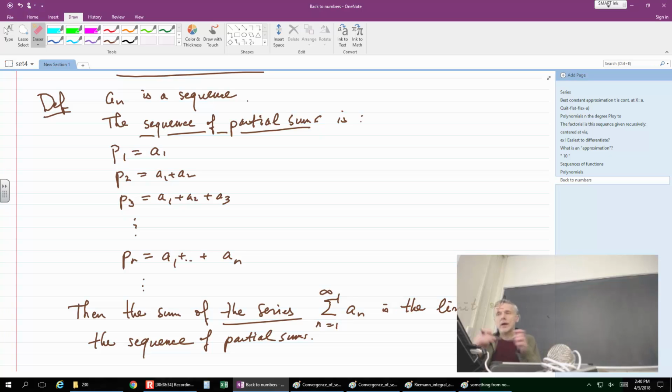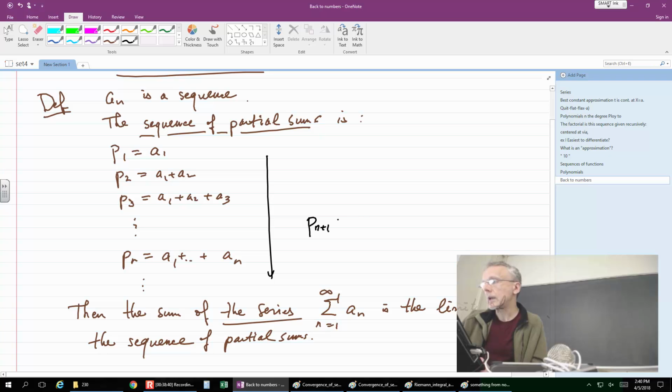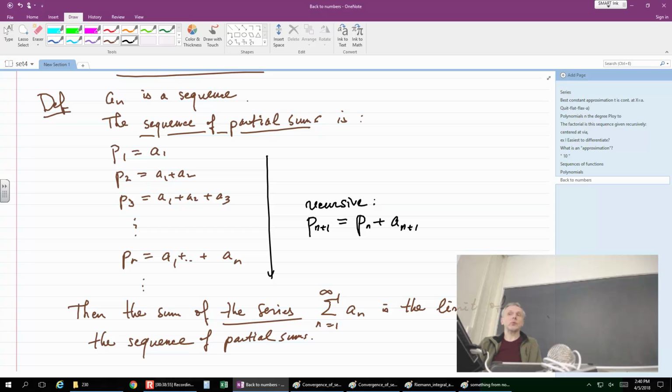Alternatively, you can simply say P(n+1) is equal to Pn, in a recursive manner, plus a(n+1). So recursive. The same idea. Just add one at a time. But it is a new sequence, and you have to figure out where it's going.